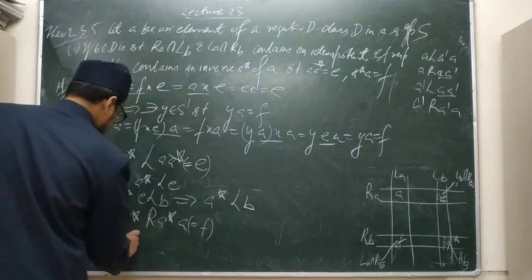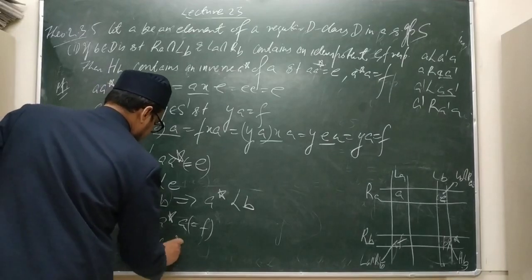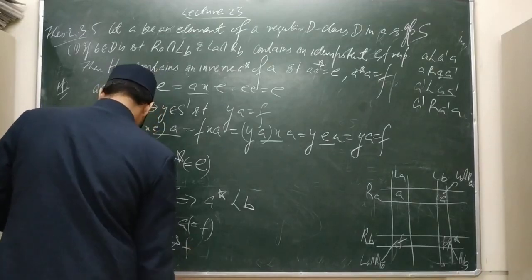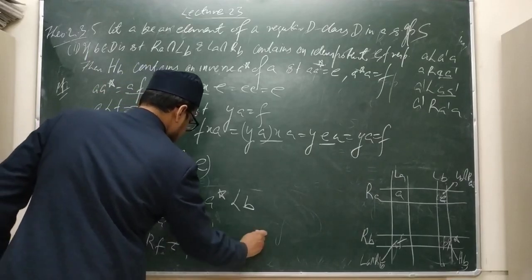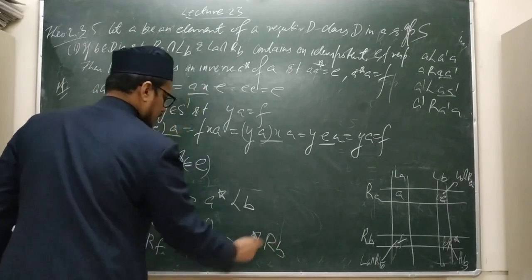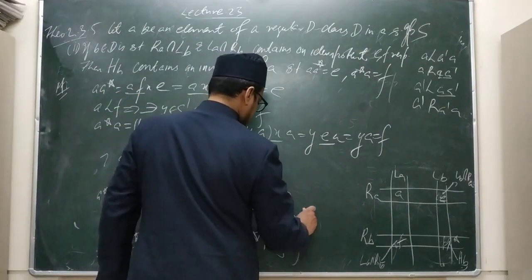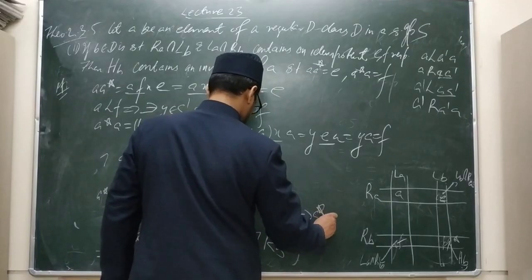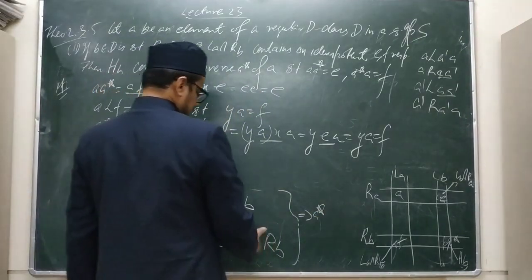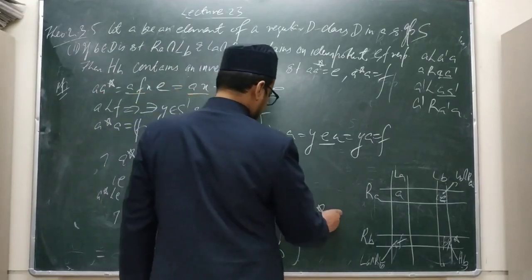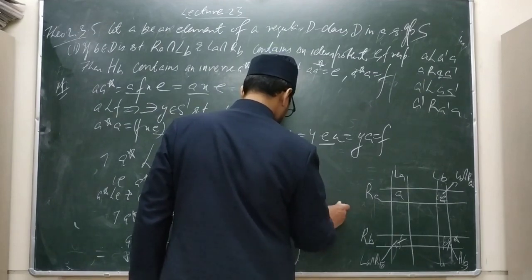F. So A star R F and F R B implies A star R B. So what we have proved, A star is in LB, A star is in RB, it implies that A star comma B belongs to L intersection R, so A star belongs to HB, isn't it?